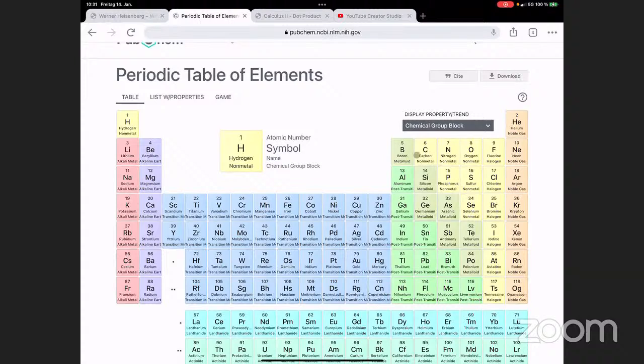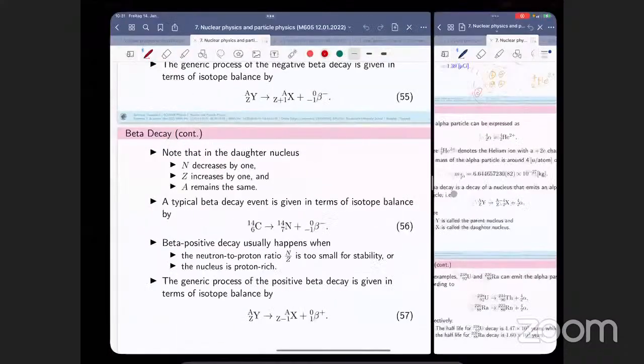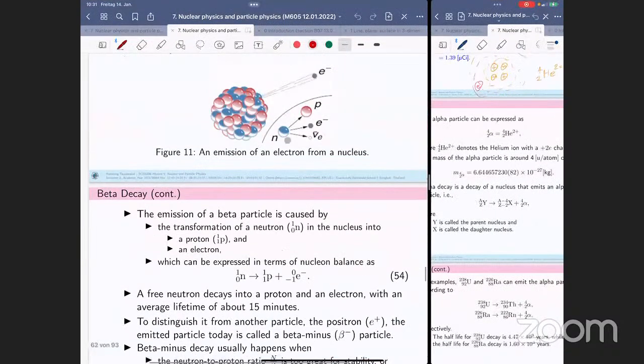Once we have one more proton, we go to the next element, which is nitrogen, a non-metal too. Carbon has converted itself to nitrogen, a new element, but the remaining thing is that they also emit something according to this process. The neutron is converted to a proton, but it still stays inside.